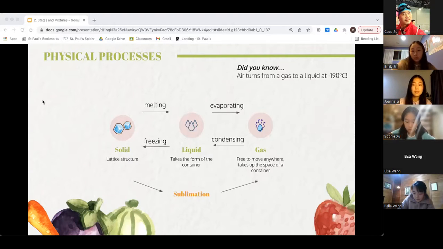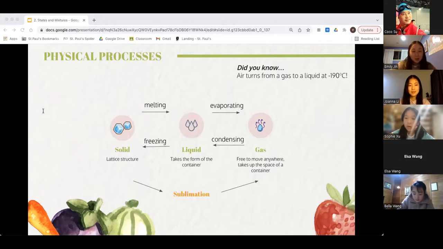For example, if we take boiling water, we can condense it by cooling it down to form a liquid, which is just liquid water that we drink. Furthermore, we can also freeze it by cooling it more to reduce the temperature, and it will become a solid, which is ice.